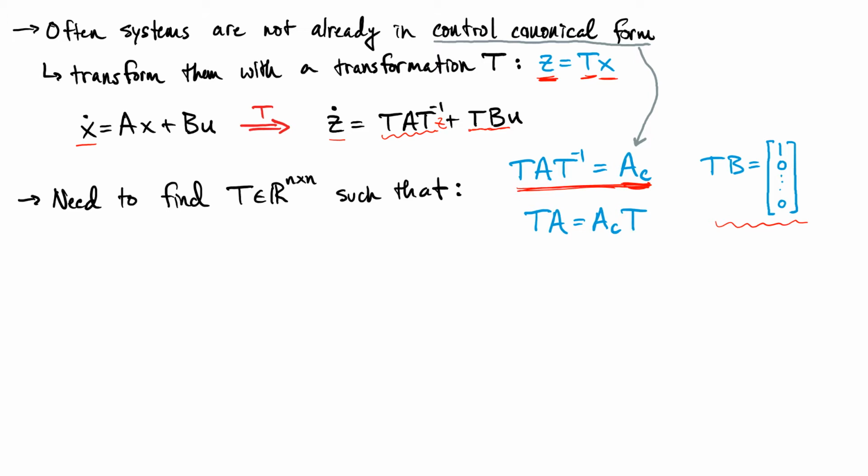We're going to simplify this one step by just multiplying on the right by T. So that cancels that T inverse and puts a copy of T on the right-hand side. And we're going to use this equation to develop some rules for designing this transformation matrix T that's going to get us from a state space representation into a control canonical state space representation.